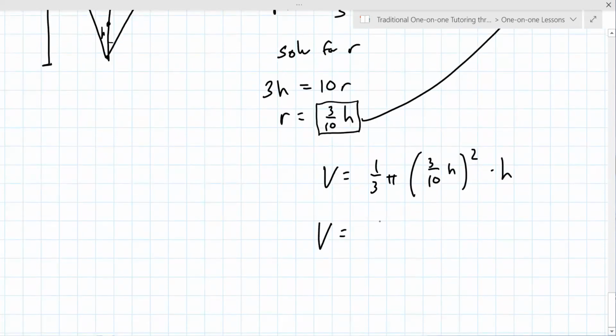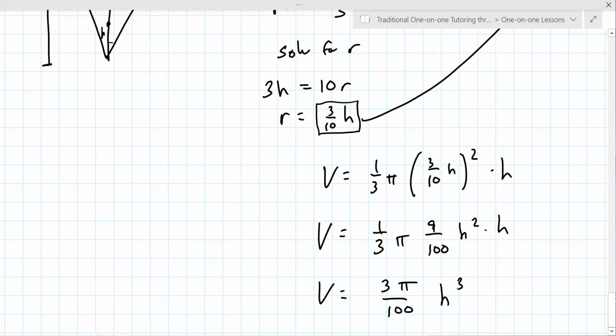So volume is equal to 1/3 pi, and then this is 9 over 100, h squared times h, so it becomes h cubed. The 9 cancels with the 3, so your volume is 3 pi over 100 h cubed. So now when you take a derivative, it's only in one variable, and this is very critical here.